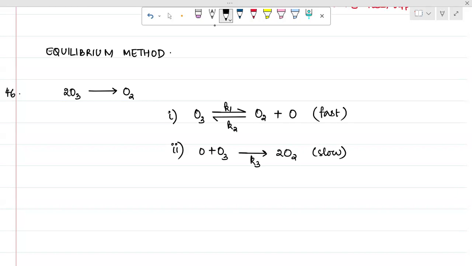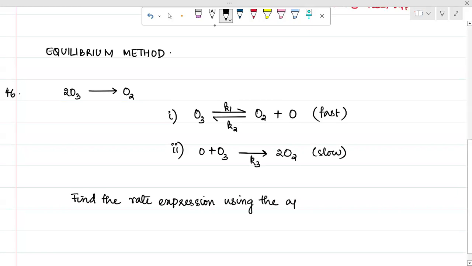You have to find the rate expression using the approximation of equilibrium method.